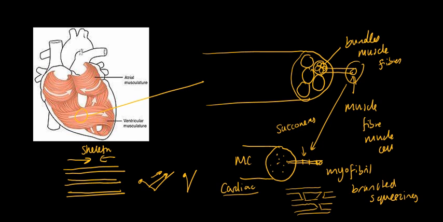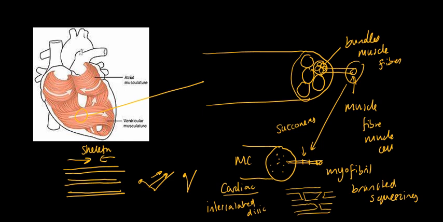And in cardiac muscle, I have these intercalated discs, which enable the synchronization of this contraction in order to squeeze, in order to generate the action required in cardiac contraction.